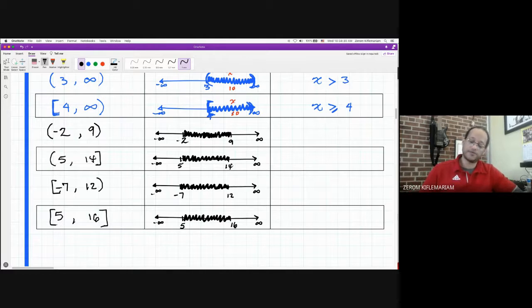The one I have to be careful with is if it is parentheses, then it stays just a parentheses. This one is a parentheses, but this one is a bracket. This one is a bracket, and this one is a parentheses. And this one is a bracket, and this one is also a bracket. So the shaded region is my X.